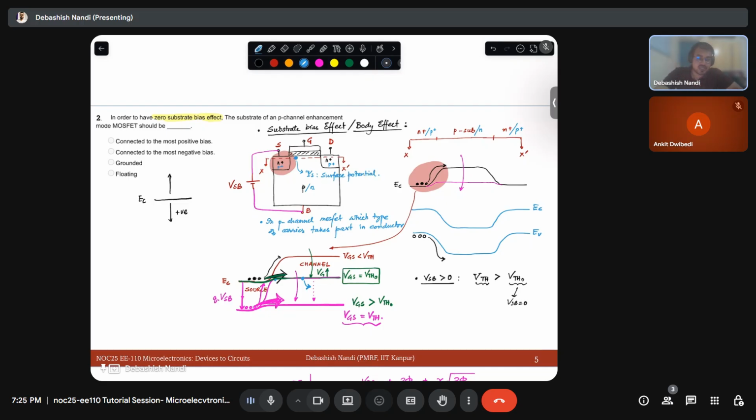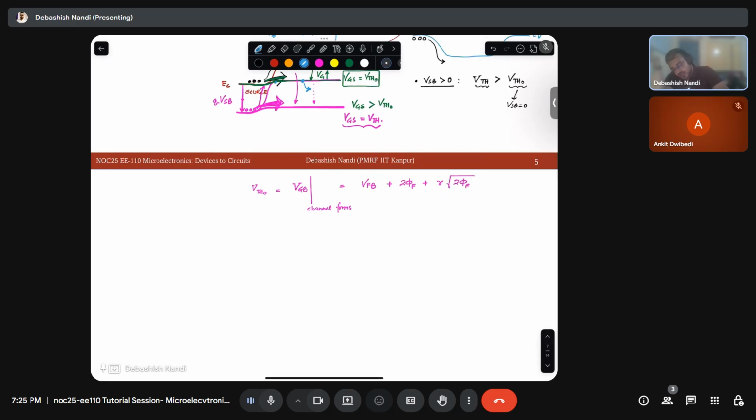This is the potential with respect to ground that the channel or this region sees. So it can vary. For example, between these two regions, the psi s changes. Psi s is not a fixed value, and it varies with your gate voltage.